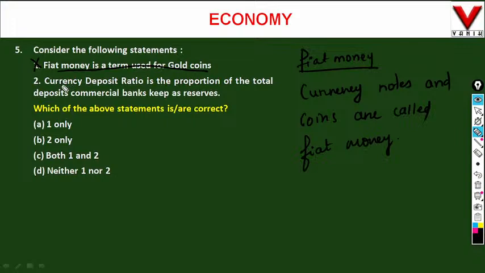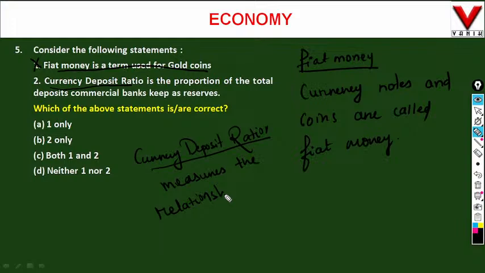Nay, what is actually the currency deposit ratio? Write it down. Currency deposit ratio. What does it do?